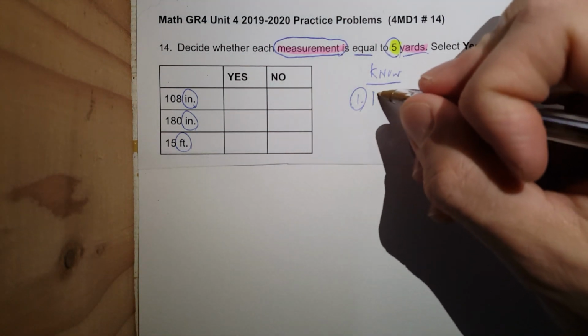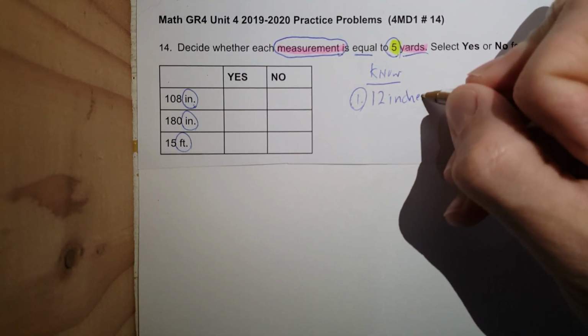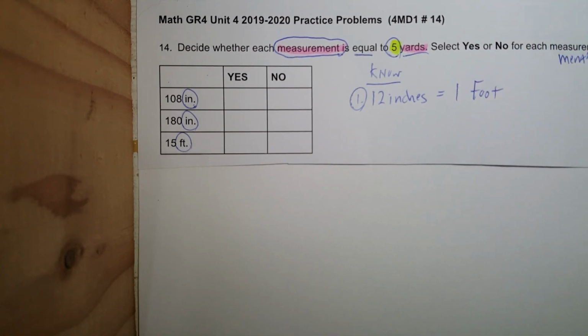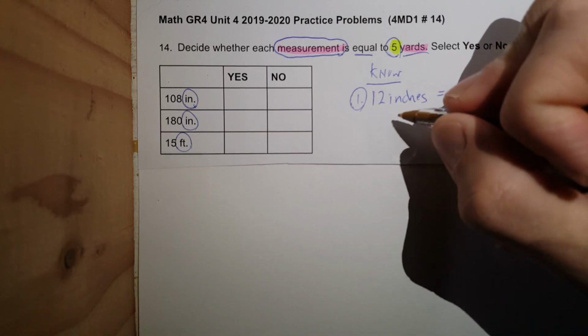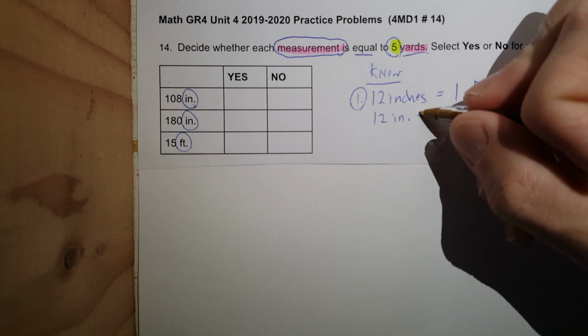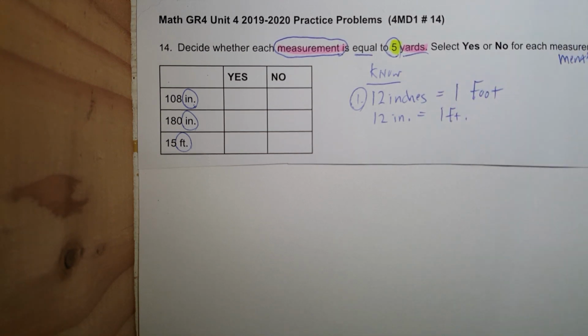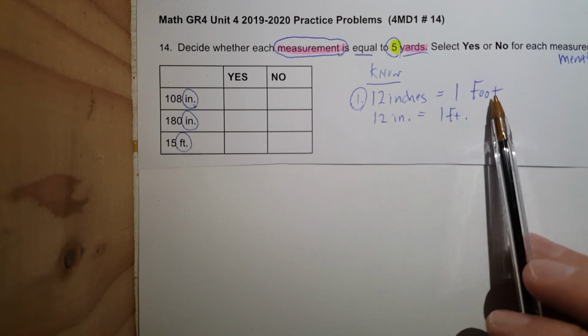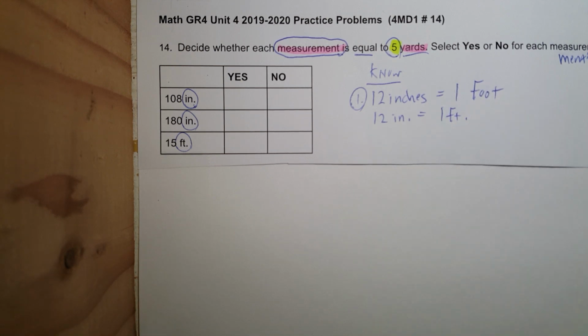I know that 12 inches equals 1 foot. Remember, another way to write inches, you could write down 12 IN dot equals 1 FT dot. When we take notes, when we write, we want to get faster, so we abbreviate.